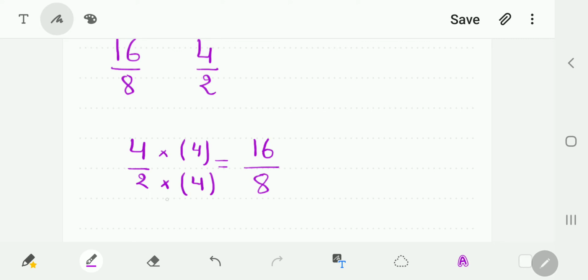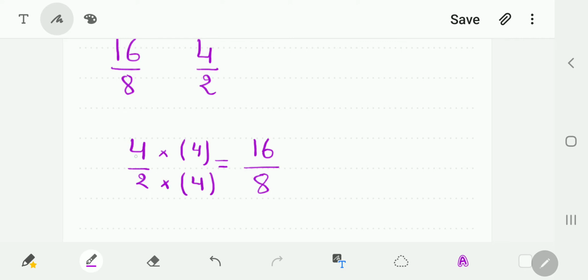Very good. So now, because I multiplied the upper and lower number of our fraction with the same number, that means I am not changing the fraction. I'm just changing the format, but the fraction is exactly the same.